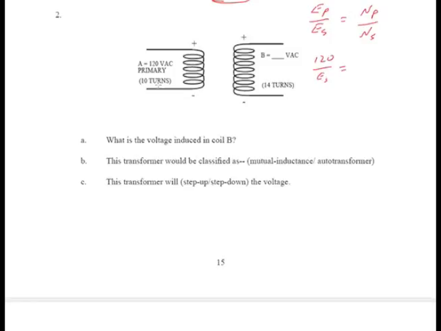The primary turns is 10 turns, and the secondary turns is 14. So if we cross multiply this, we get 10 ES is equal to 120 times 14, and that equals 1,680. If we divide both sides of this equation by 10 to get ES by itself, we've got ES is equal to 168.